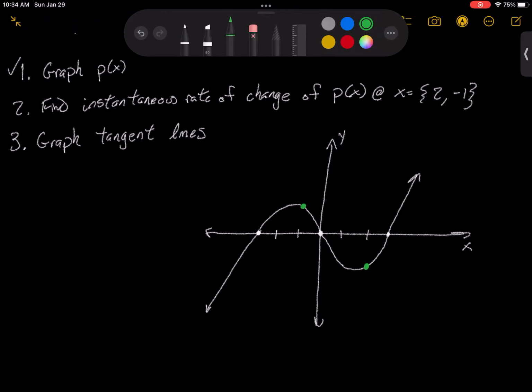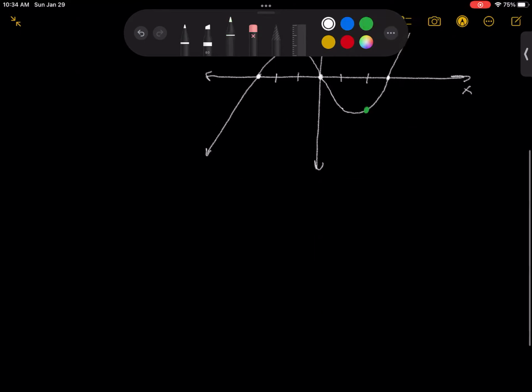Okay, so let's do this. The value of the derivative, oh, it's not called f, it's called p. P prime of x. Right, the value of the derivative is the slope of the tangent line. It is the instantaneous rate of change. So we want to find the limit as h goes to 0 of p. So let's write down the general definition first.